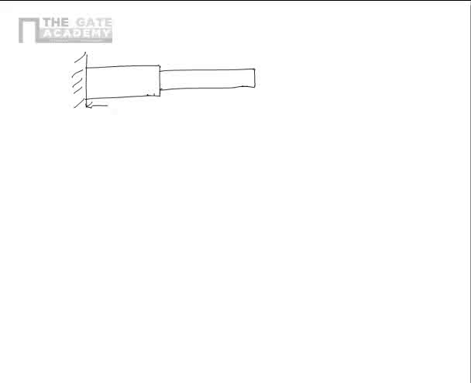Let's say this length is L1 and this length is L2, and this radius is R2 while this radius is R1. Then I have a torque T applied here.